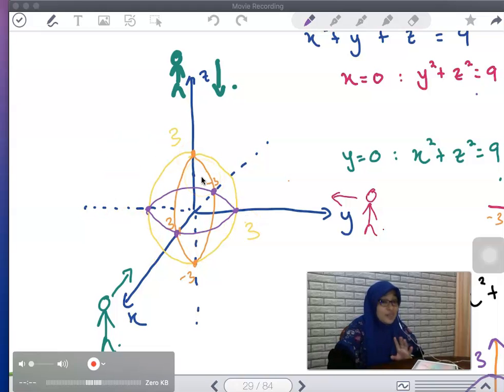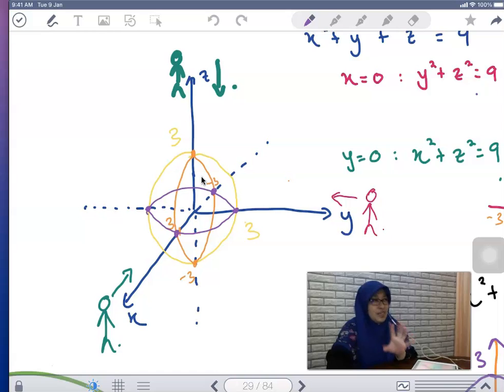You need to practice. It is easy to say that sphere, it should be a ball. Yes, it is very easy to imagine, but it's not so easy to sketch by hand. So you have to practice. When I give a question in an exam or test, I can see whether the student tried to practice sketching the sphere or not.